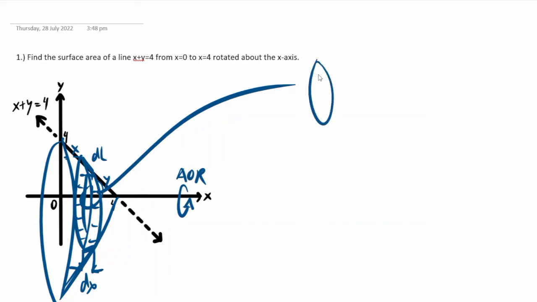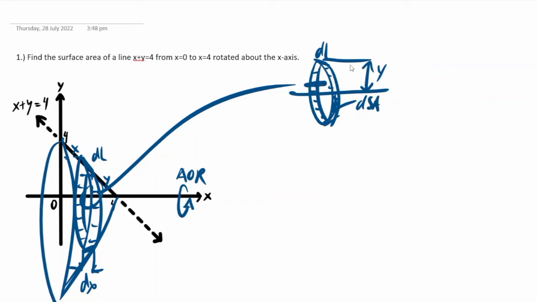So if we bring this out, we'll have here the strip. The strip line here is our DL, and from the axis of rotation to the top of the strip, that is our y, and this here is our differential surface area.